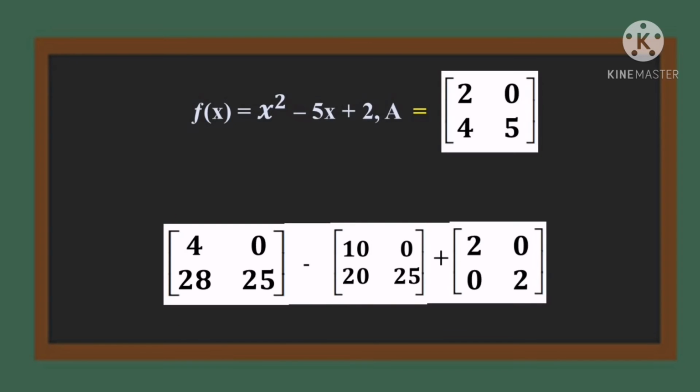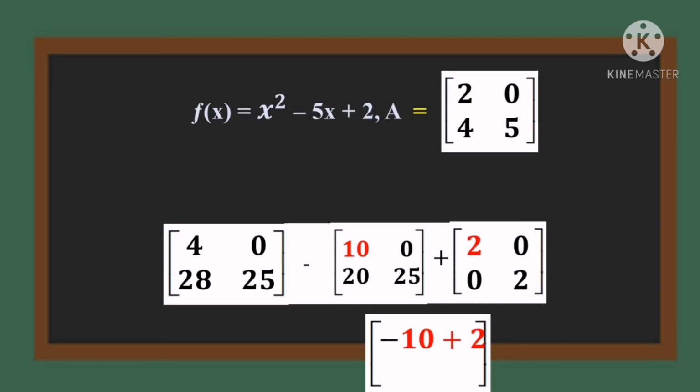We can now do the addition in the equation. In this operation, the rule is that we need to add the corresponding elements. The first thing we need to do is to get the number in row 1, column 1. So, it's going to be negative 10 plus 2 and we get negative 8.